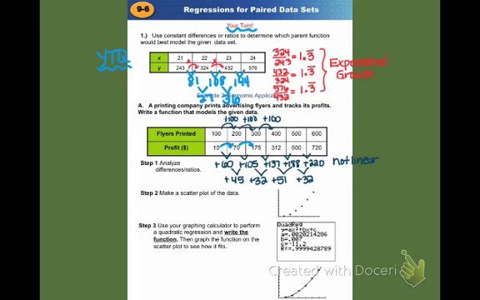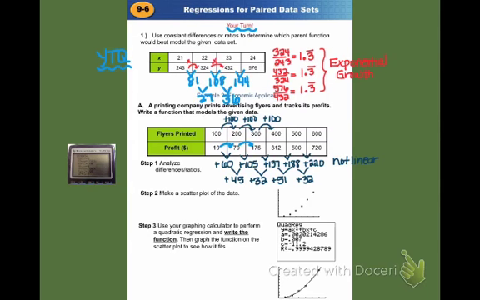To remind you how to turn your scatter plots on and to adjust your window, I took some pictures of my calculator to show you how I adjusted the window. I plotted these points out, and this is what it looks like. And here's how I adjusted my window. I was using my TI-83 since I'm at home, and I adjusted the window so that the X minimum was 0 and the max was 1,000, because the highest value I see for flyers printed is 600.